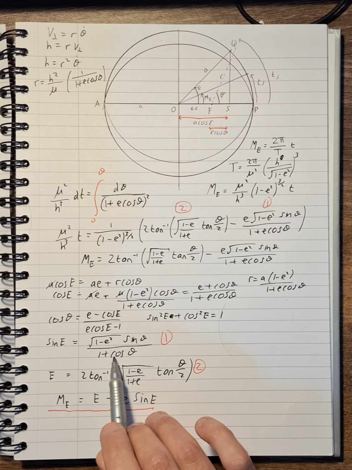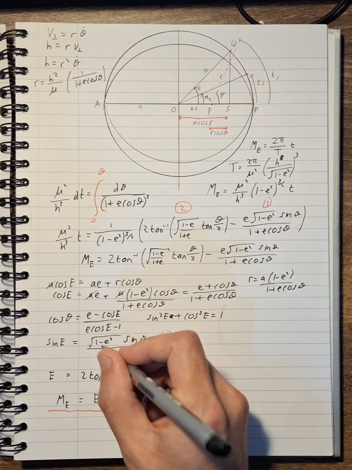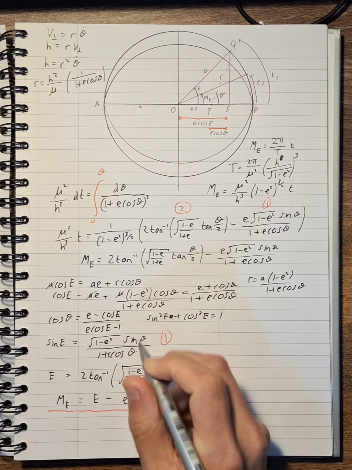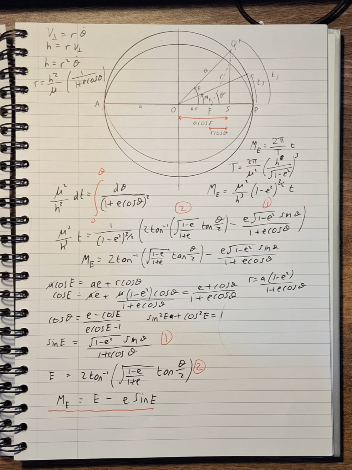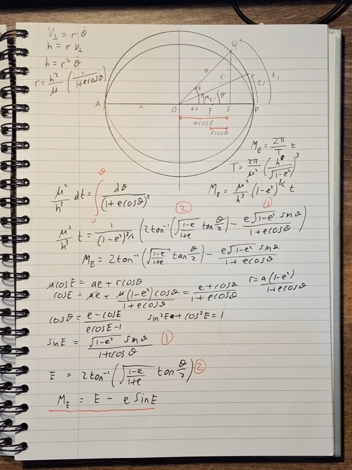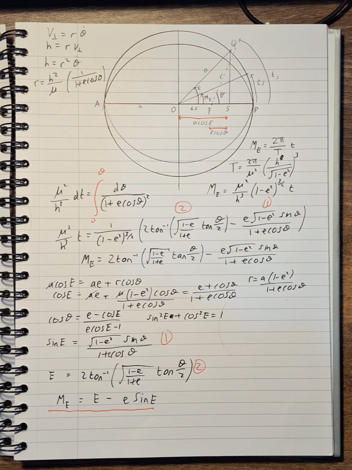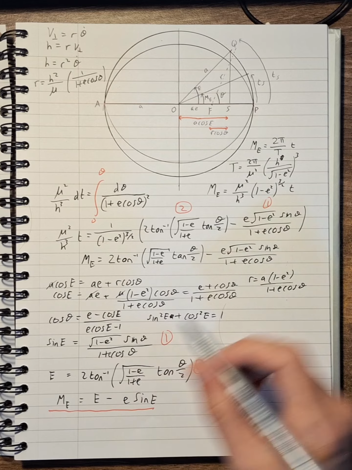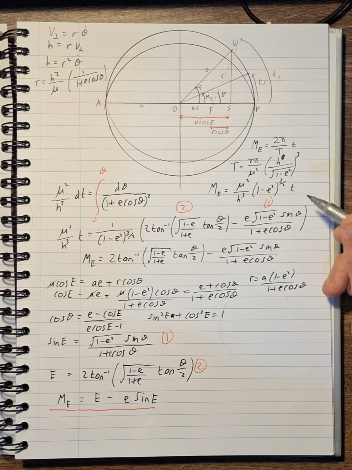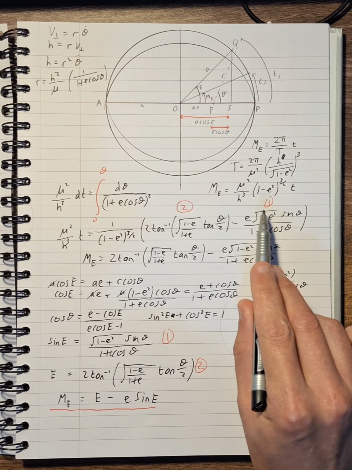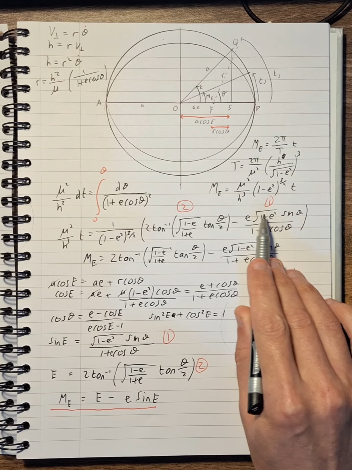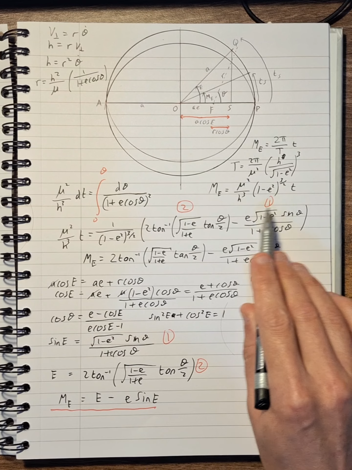And then you'll notice that this is up here, right? So that's number 1. We can replace that whole section with sine big E.